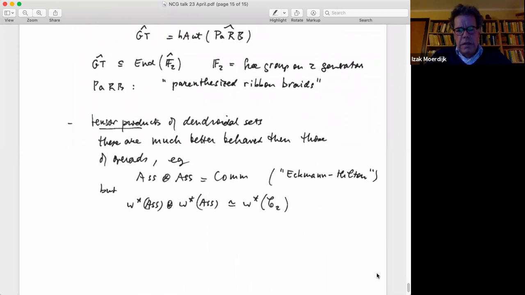So, for example, while the tensor product of operads collapses lots of stuff, if you take the operad whose algebras are associative algebras and you tensor it with itself, you get the operad whose algebras are commutative algebras.